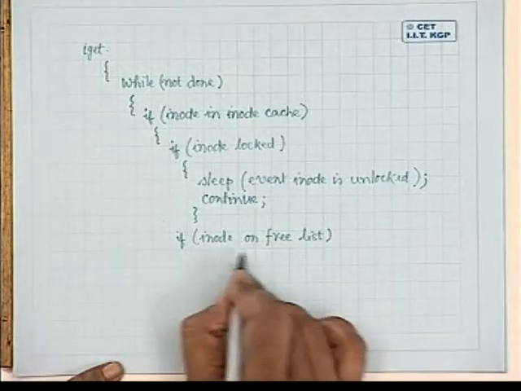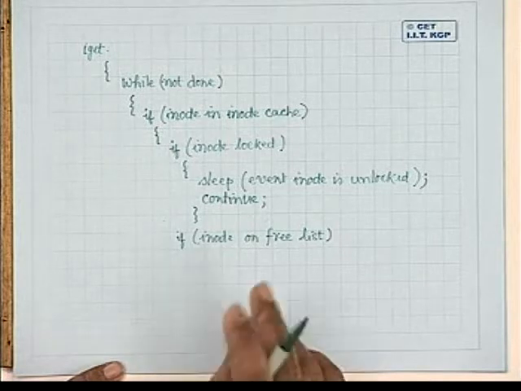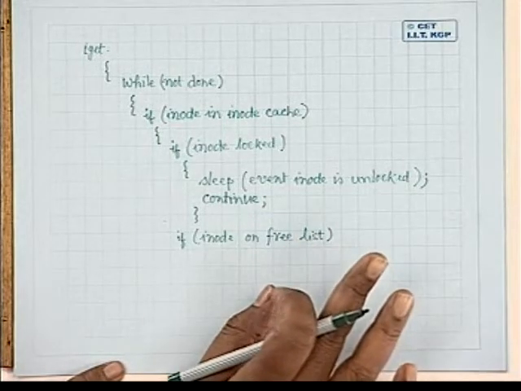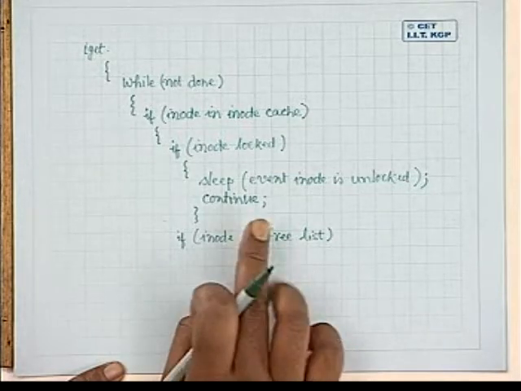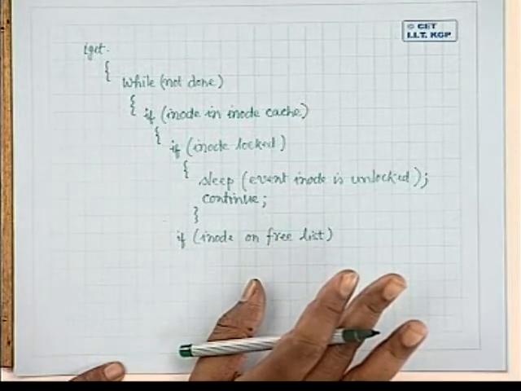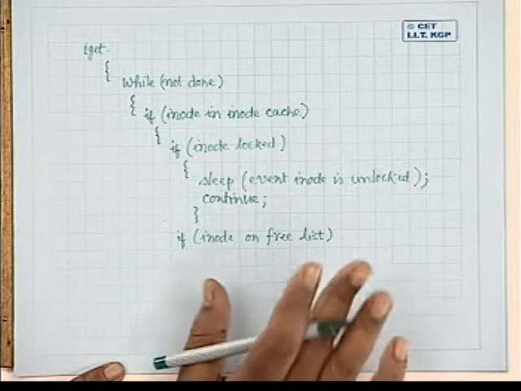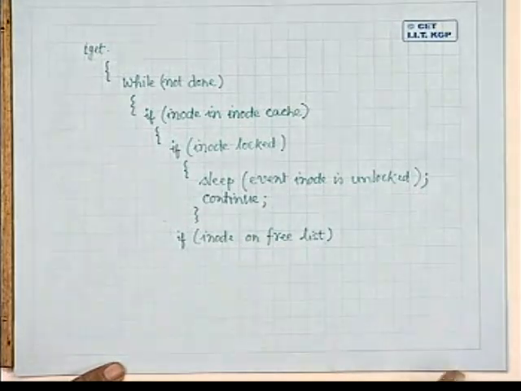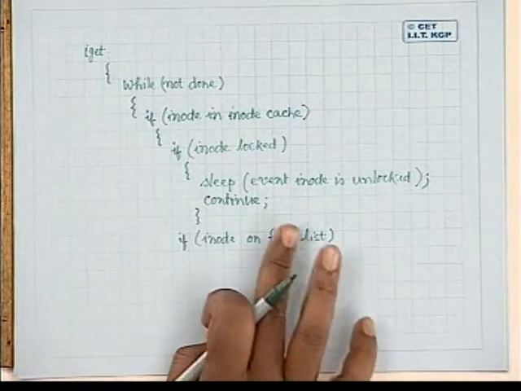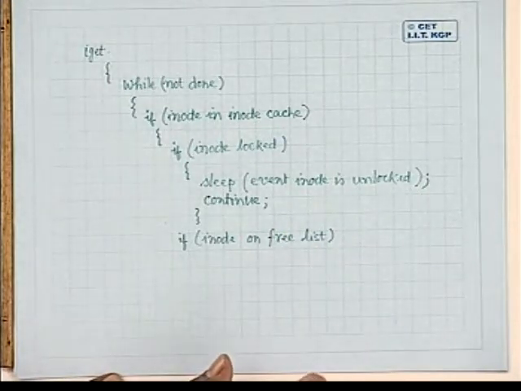If the inode is on the free list, that means the reference count was equal to 0. All the processes who were using this inode before have closed those files and freed the inodes. Now this inode is again needed by some other process, and fortunately the inode has been found in core, in the main memory.